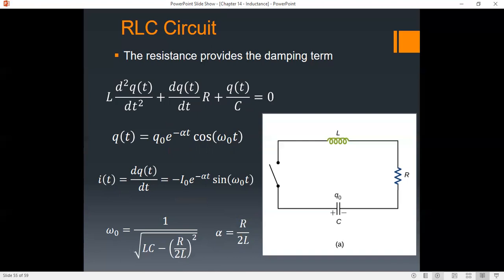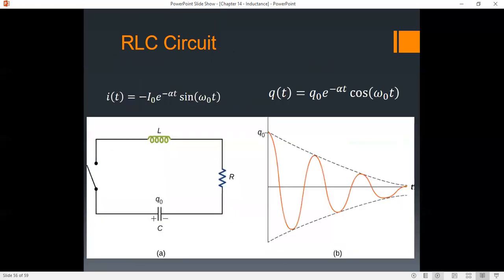Okay, so if I charge my capacitor, I then close the switch, I am going to get something that looks like this. And that's just our underdamped simple harmonic oscillator. That's all it is.